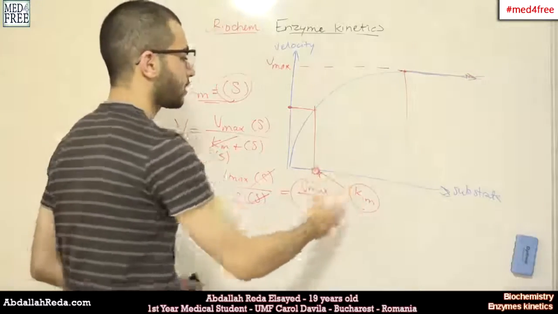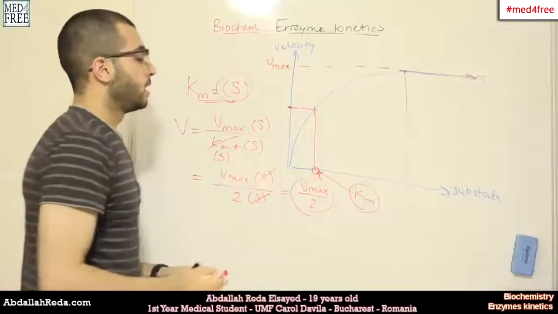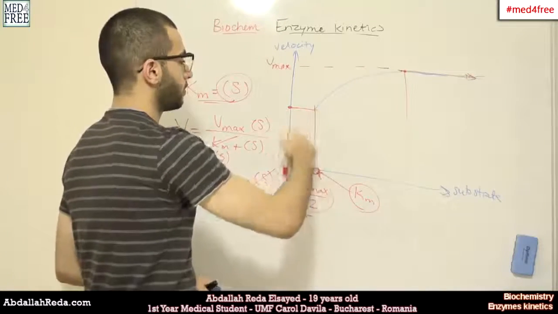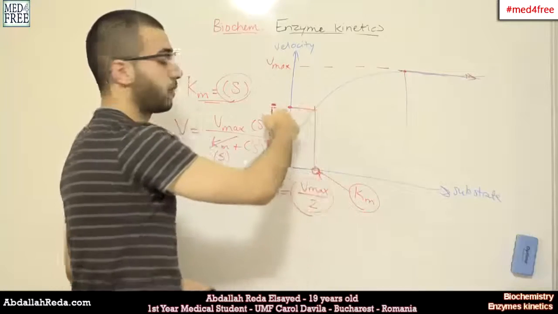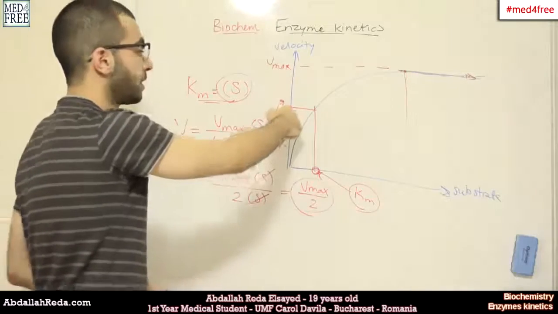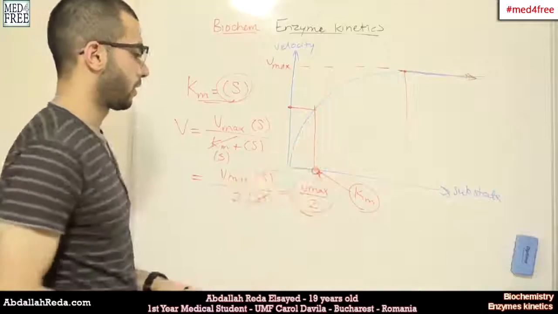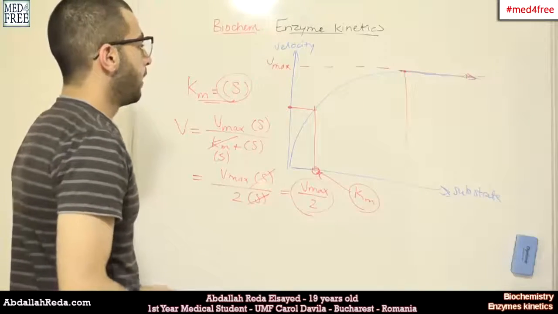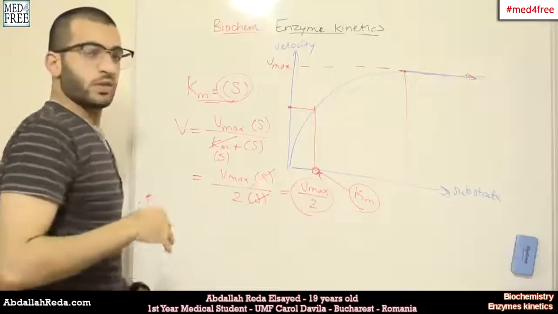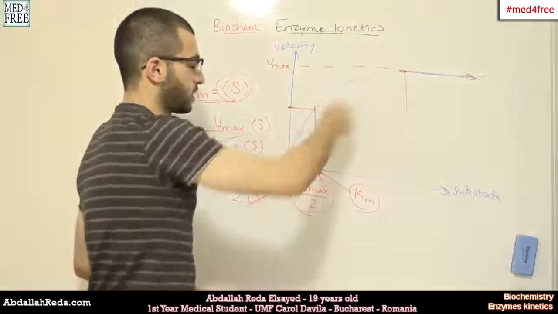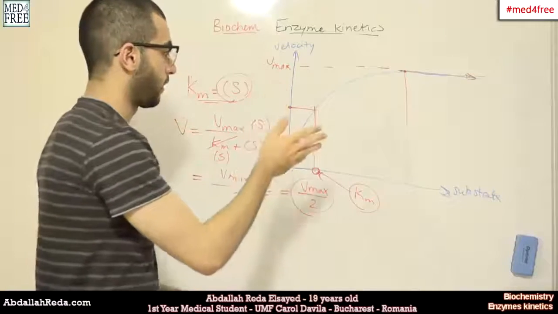So if you know this constant for a certain enzyme, you can see the value here and go on the curve and determine half the maximum velocity, multiply by 2, and you get the maximum velocity. This is the point of the whole curve, the whole idea. But if you yourself want to draw this curve, it will be hard because it's a curve, it's not a straight line, not a linear function.